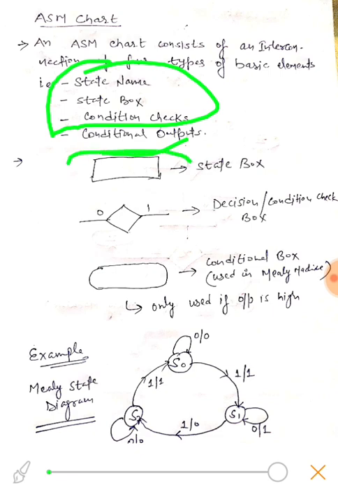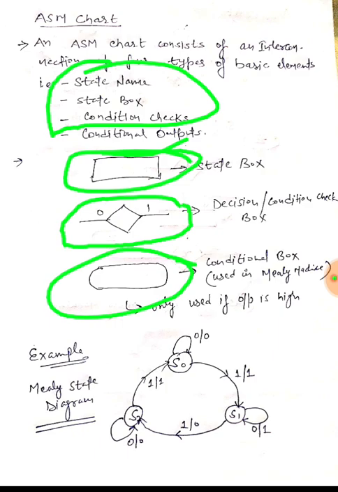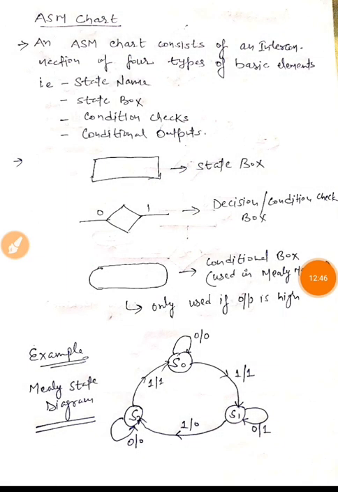So the state box is a rectangular box, the decision box is a diamond shaped box, and the conditional output box is an oval shaped box. So here we have an example of a Mealy state diagram which we will convert into an ASM chart.